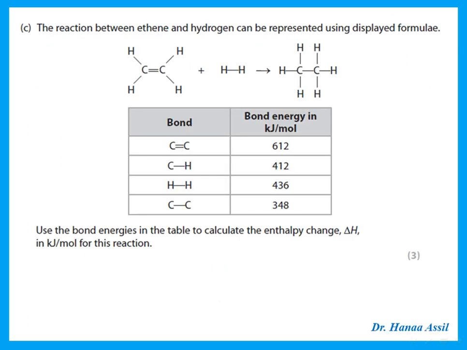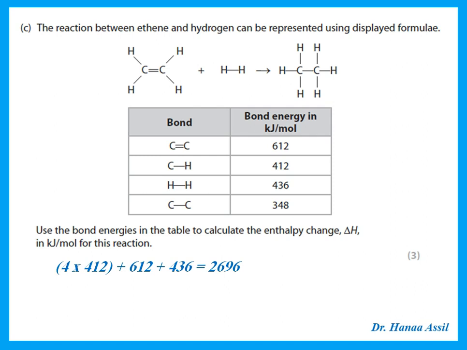Then we have these bond energies and this reaction, and he says use the bond energies to calculate delta H. Again, how do we use bond energies to calculate delta H? We said we determine the amount of energy needed to break the bonds in the reactants, and the amount of energy released when bonds are formed in the products, and then we say reactants minus products.